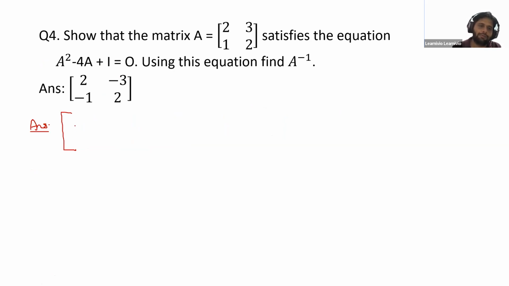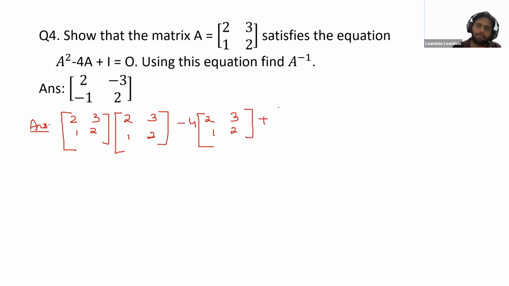Okay, this is 2, 3, 1, 2. This is 2, 3, 1, 2, minus 4A. So A is 2, 3, 1, 2, plus I means identity. Okay, 1, 0, 0, 1. Now multiply this. So first row will get multiplied with the first column.